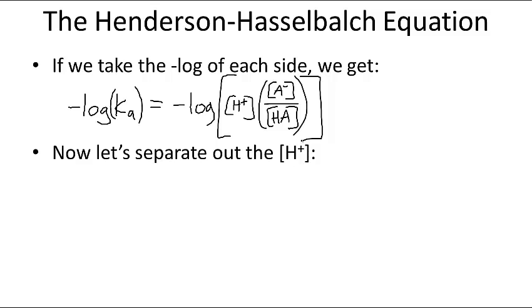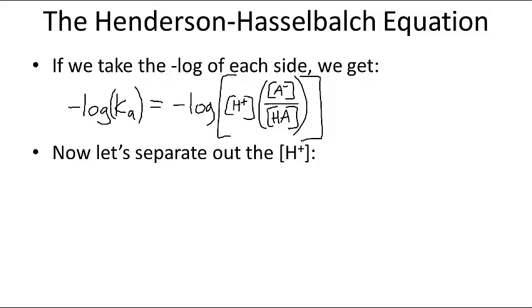And then just use a property of logs. If I'm taking the log of two things multiplied together, what is that the same as? Taking the log of one plus the log of the other.